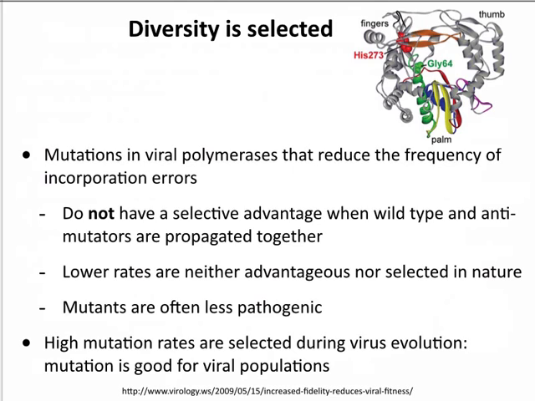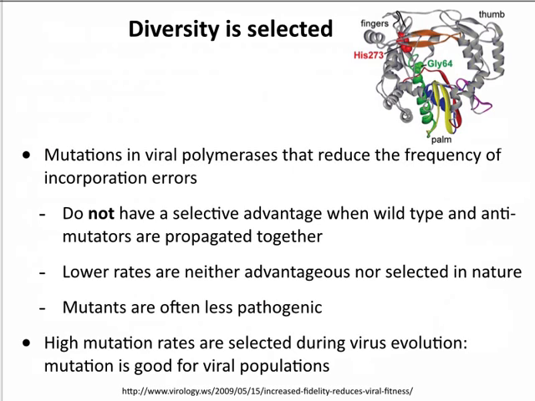It improves its fidelity. And you can make a virus with this RNA polymerase in it, and the virus grows pretty well. But if you make a competition with this virus and a wild-type virus, the more faithful polymerase will lose every time. So in scenarios of competition, being more faithful to the template loses out.